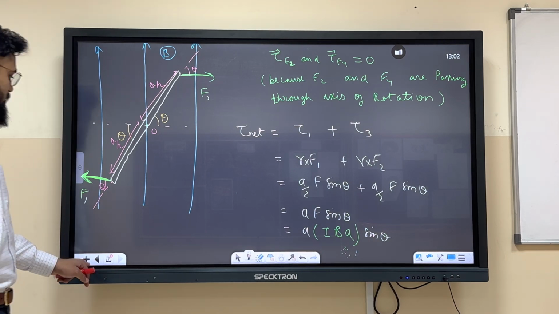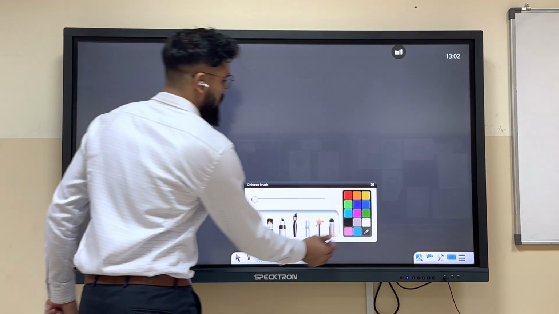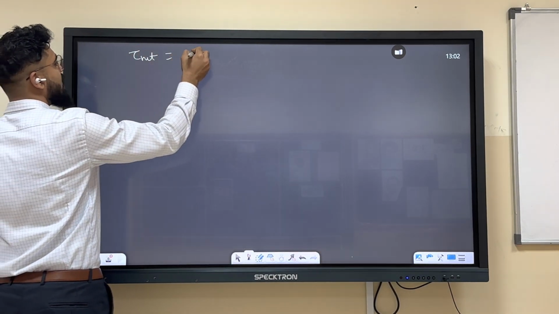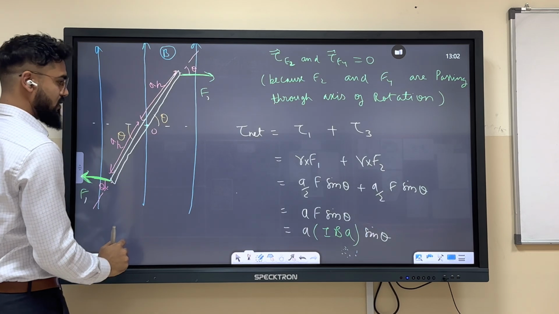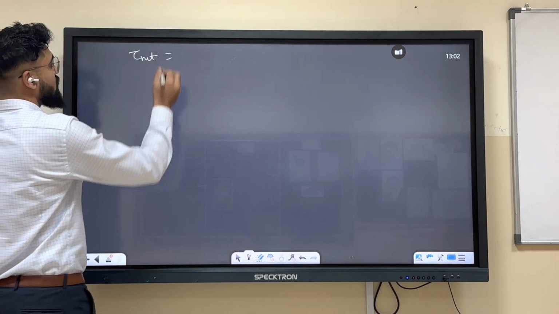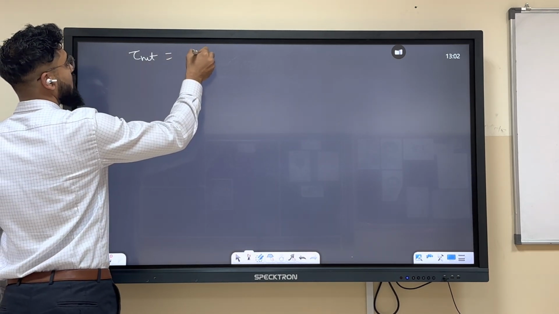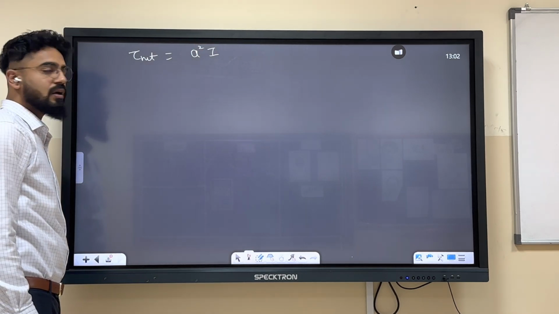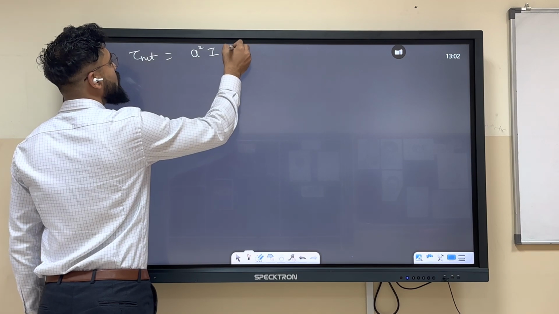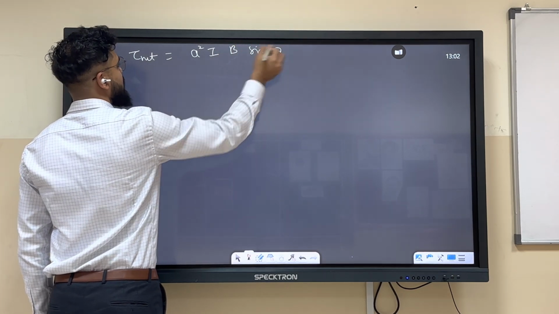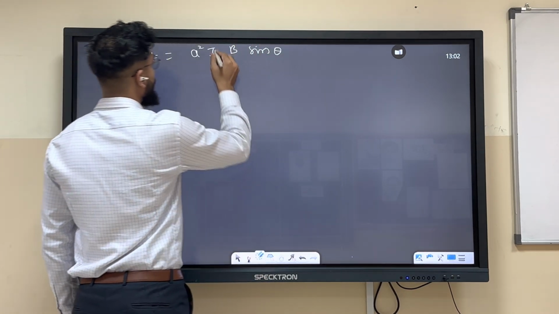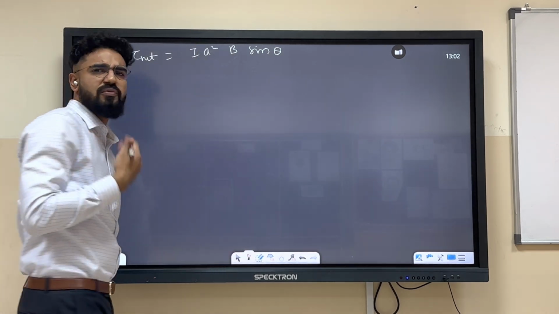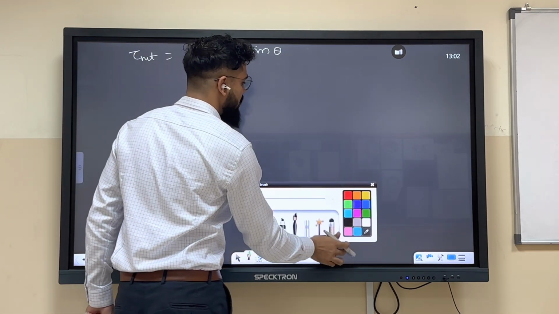Okay. So torque net we can write A square I into B sin theta. This is nothing but, if you want to write like this, no problem. You can write I A square. थोड़ा feel आएगा कि I A type. A square क्या है भाई?